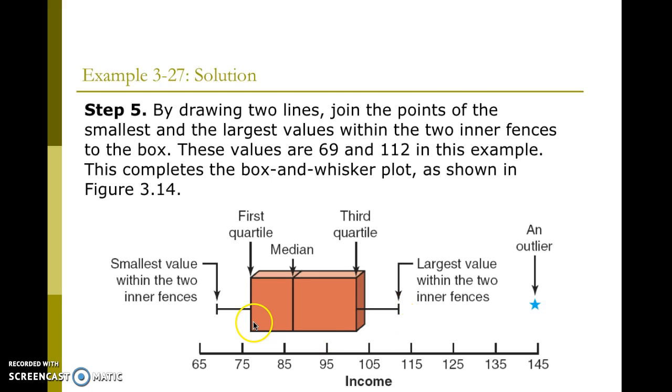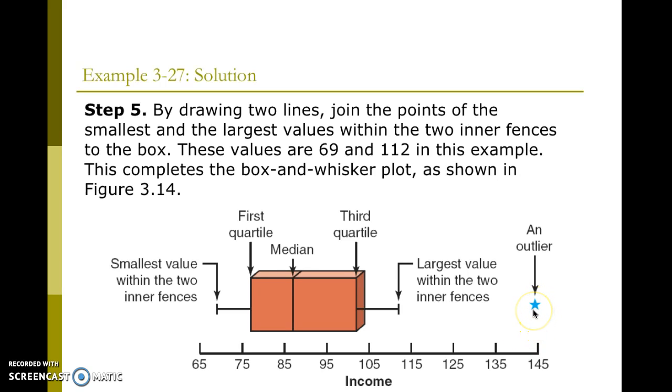In this way, we make the whiskers a little bit more appropriately sized. Here it is. This is the smallest value in those two inner fences, and there's the largest value. Those are always going to be what you plot with the whiskers. And then any outliers that you have, like in this case, we had 144.